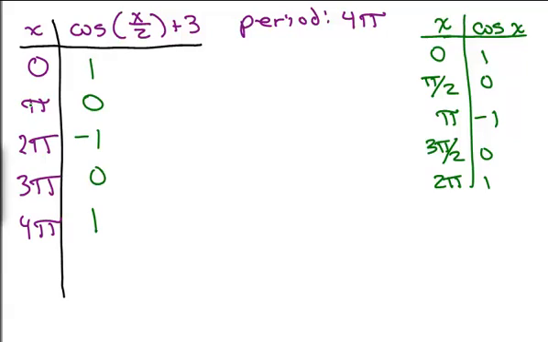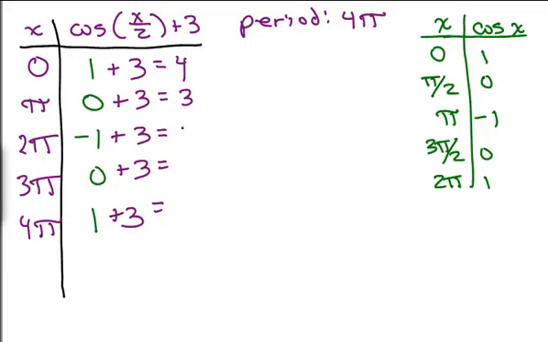If you put in pi for x, you'd be computing the cosine of pi over 2, which is 90 degrees, right? So the cosine of pi over 2 is 0, so there's that 0. But we have plus 3. So our actual coordinates then are 4, 3, 2, 3, and 4. So now it's easy to see the range. The range goes from 2 to 4.